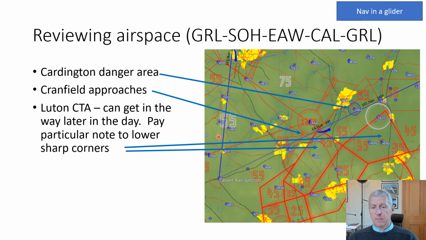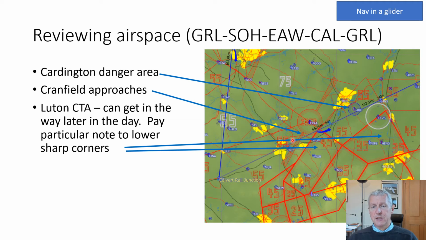And then, as we turn Calvert Rail Junction and come back, there's a few things to look out for. We're going to be passing through or close to Cranfield's instrument approaches, so a call to them and a basic service is going to be needed.